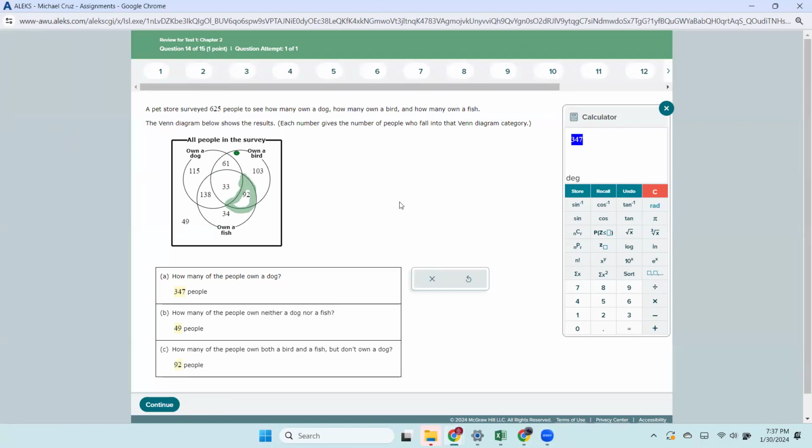It's between the bird and the fish. The 33 also own a dog. So 92 is the one that owns both bird and fish, but not dog.